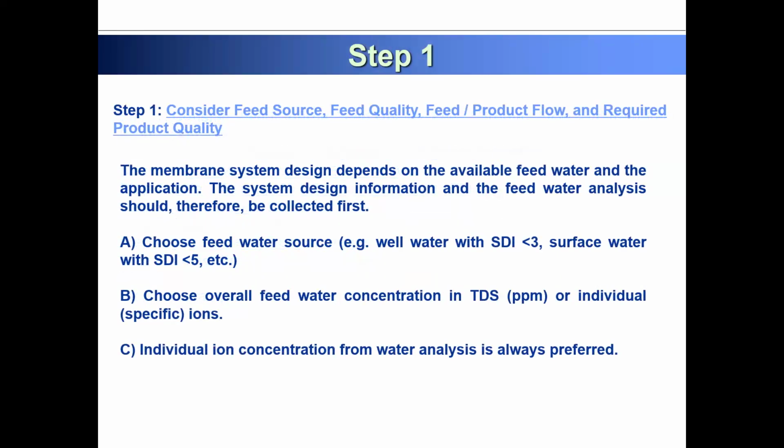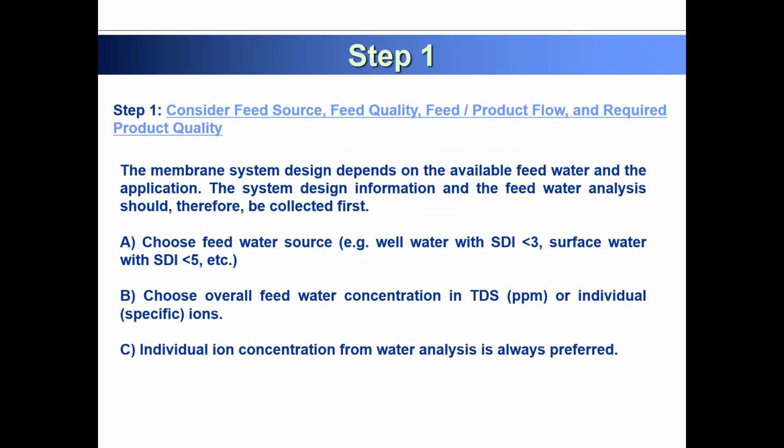The feed water quality, flow rate, and required product quality. The membrane system design depends on the available feed water and application. The system design information and the feed water analysis should be collected first.